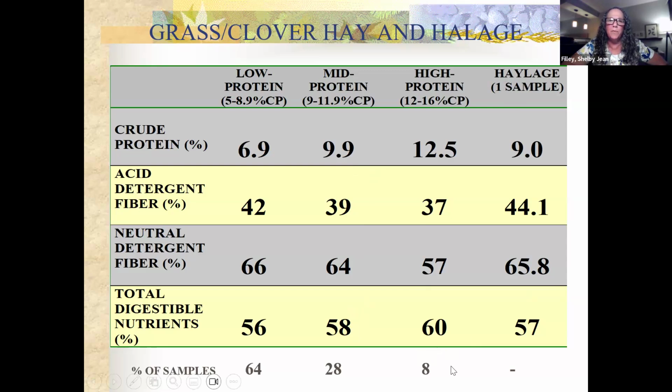And I took these samples from people that were trying to do a really good job, had a pretty good understanding of producing their grass hay, so valley grass hay. But we run into problems with rain and equipment breakdown and things like that. So the average samples of hay in Oregon is going to be on that low protein, the grass hay. So just remember that.